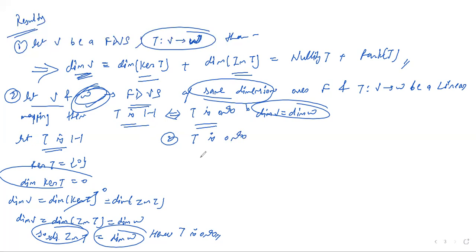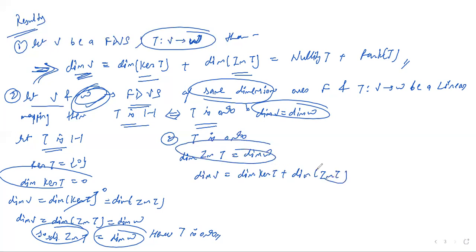When our mapping is onto, it means the dimension of the image of T is equal to the dimension of W. Now similarly, using the formula that the dimension of V is equal to the dimension of the kernel plus the dimension of the image of T, and applying that the dimension of the image of T equals the dimension of W, this would give me the dimension of W. We have also seen that V and W have the same dimension, so they will cancel out.